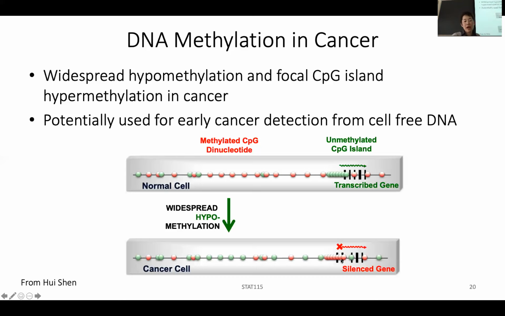For example, it could be a tumor suppressor gene that suppresses the tumor from uncontrolled growth, but if it's silent, then the cell can continue to grow. So this global hypomethylation and focal CpG island hypermethylation is a hallmark of cancer. And it can also be used for early cancer detection.